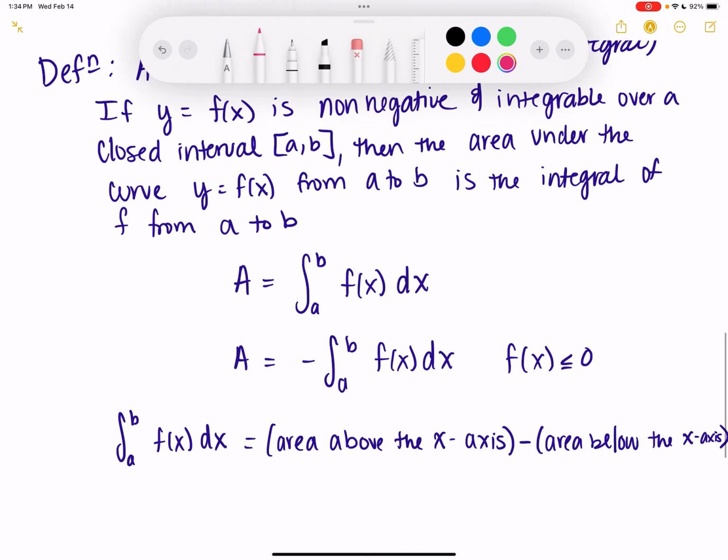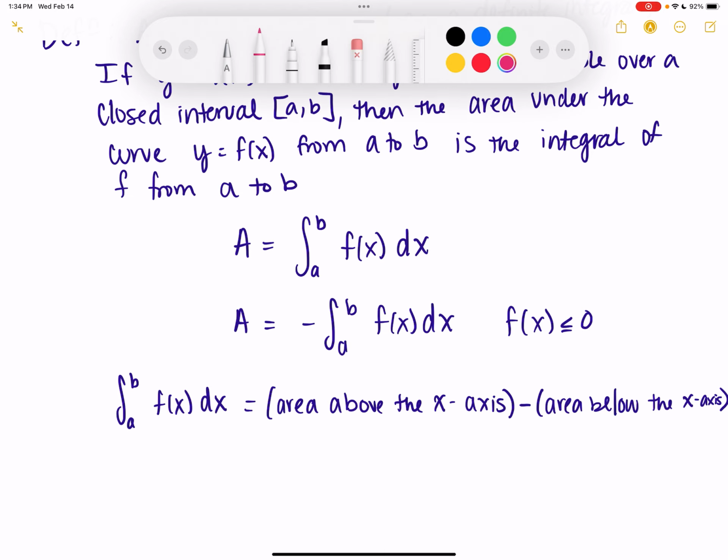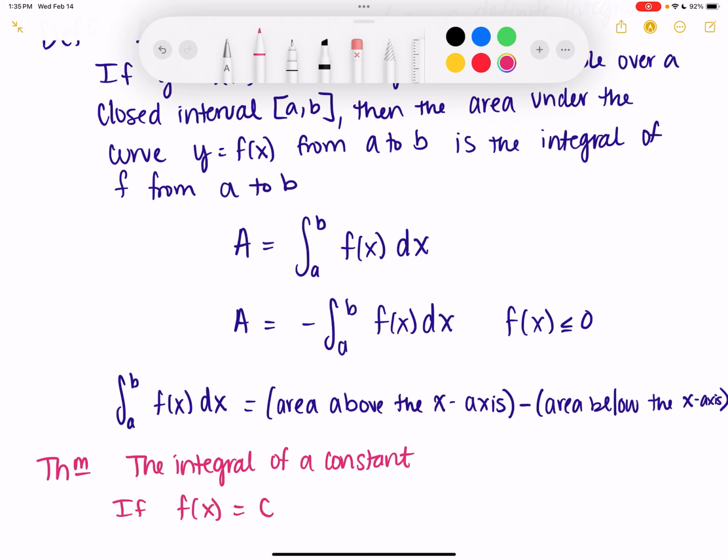All right, and then we're going to have one more theorem here for this section. The integral of a constant. If f of x is equal to c, where c is a constant. Now remember, a constant can be 3, -5, pi, all those things.